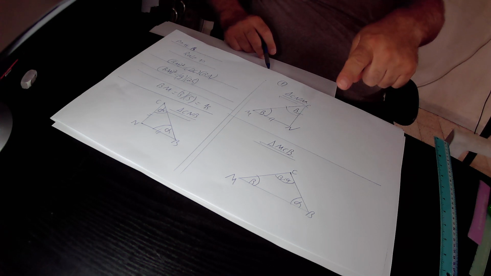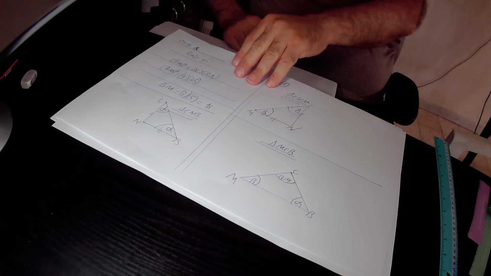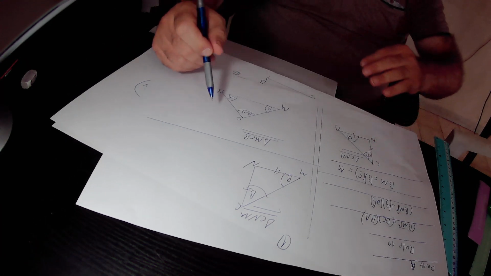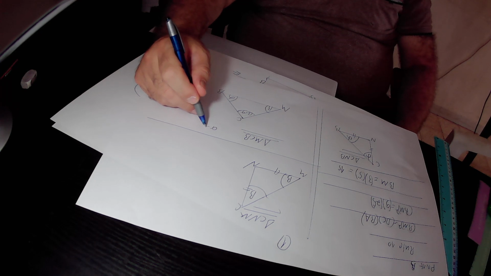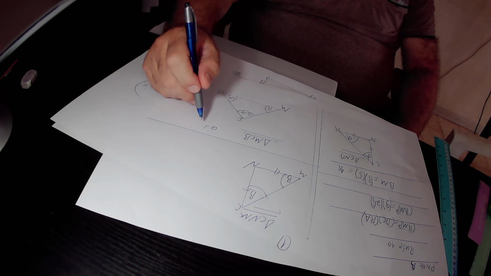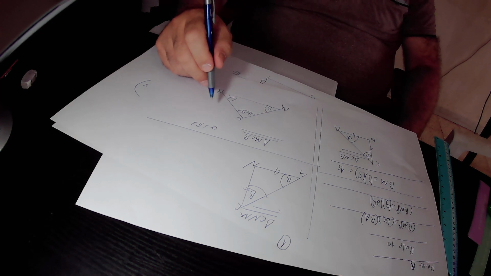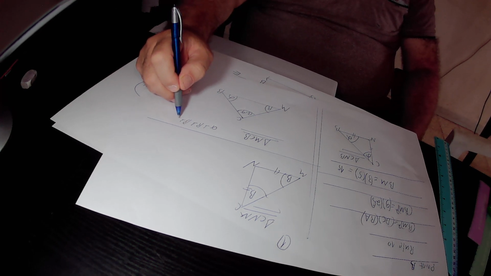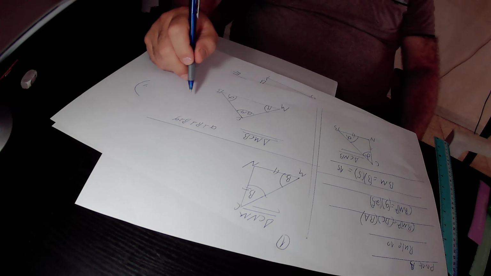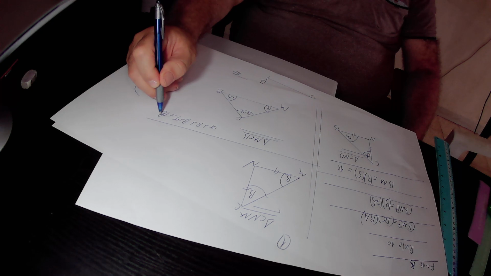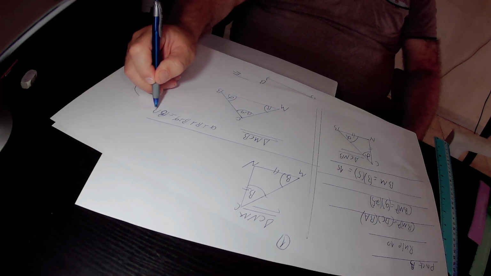So which angles do we have in triangle MCB? This is angle alpha, plus this is angle beta, plus the third angle that is beta plus alpha. In total, the sum of those three angles must be equal to 180 degrees, according to the rule that says that the sum of the angles in any triangle is equal to 180 degrees.